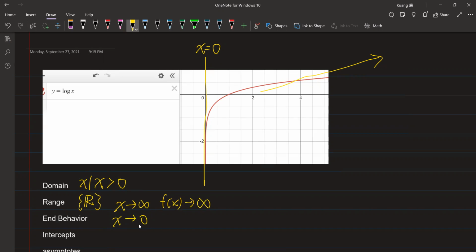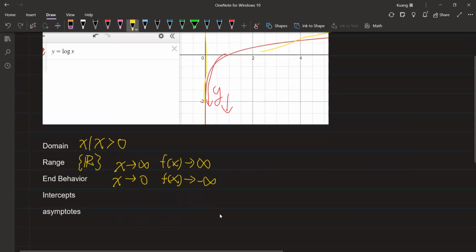When x approaches 0, which means approaching this yellow vertical line, the value of y, the y coordinate, keeps decreasing. So f of x approaches negative infinity.